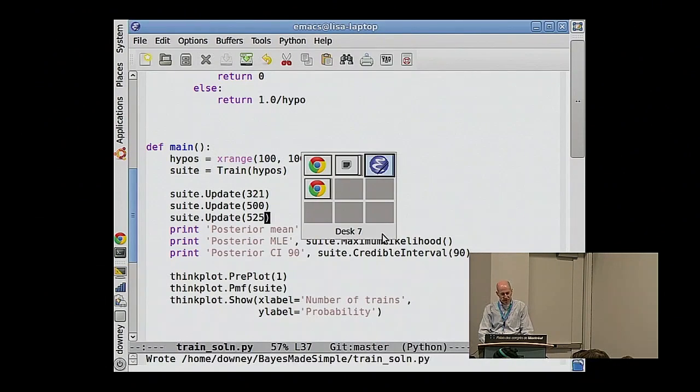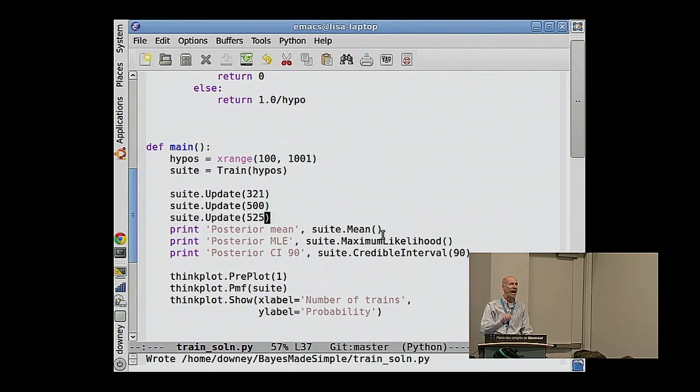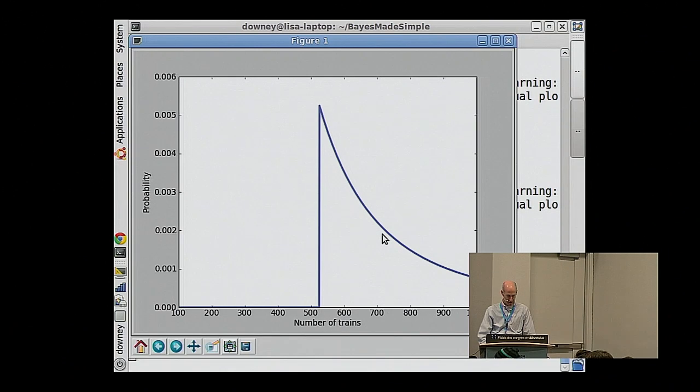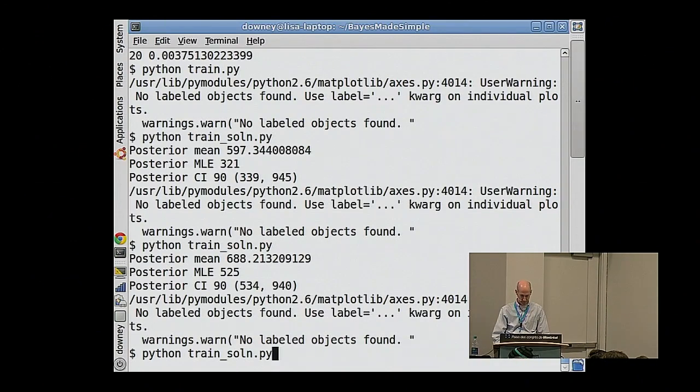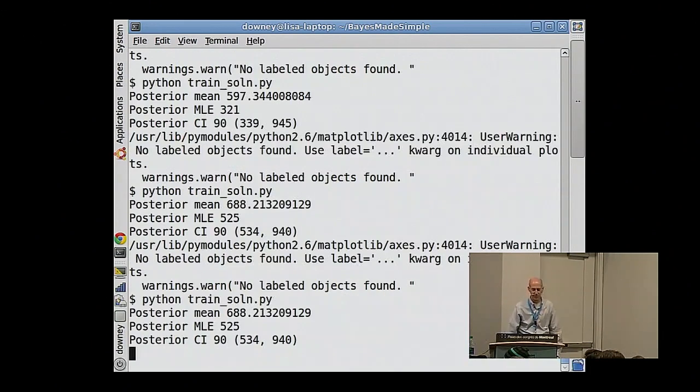But the somewhat interesting thing here is that the maximum value that we've seen matters, and the number of trains we've seen matters, but the other two values have no effect on the outcome at all. So if I saw trains 1, 2, and 525, the result looks exactly the same, and the summary statistics look the same.